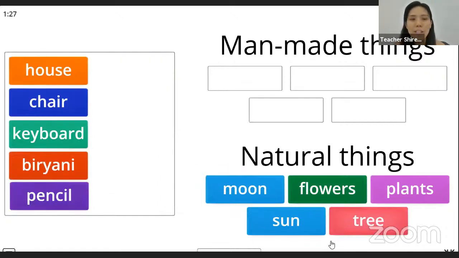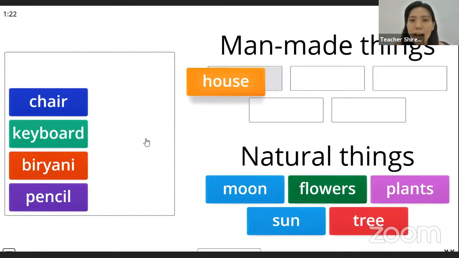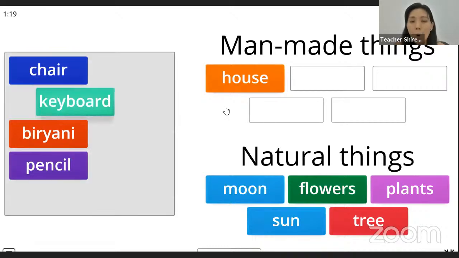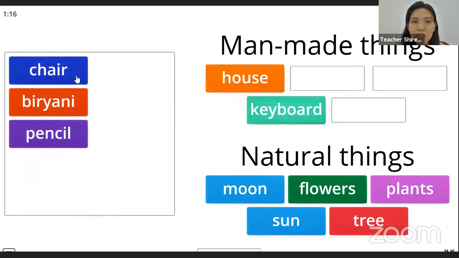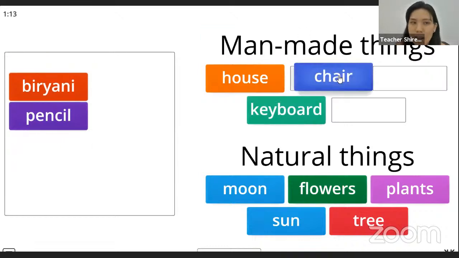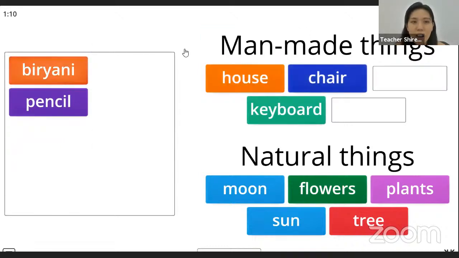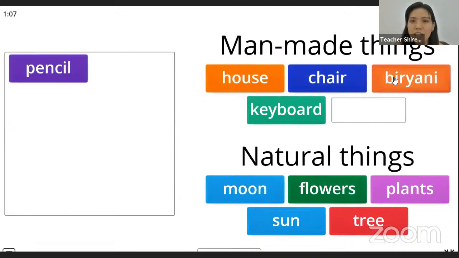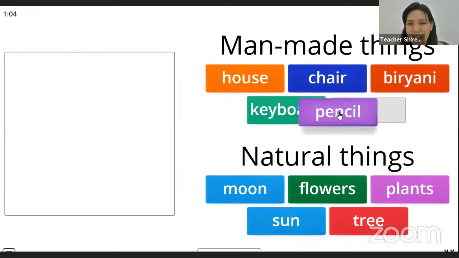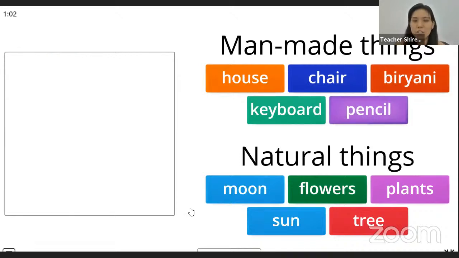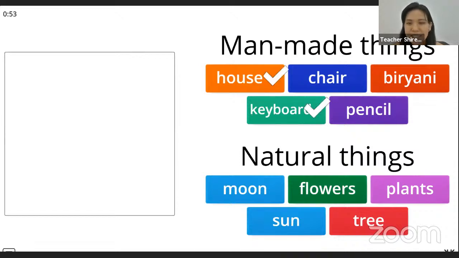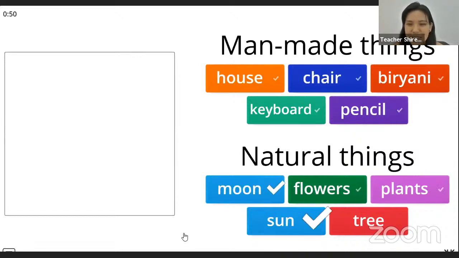You go out, the tree grows up by itself. The construction worker made the house, so it's made by man. The keyboard is made by the electricians. That's right. The carpenter made the chair. The chef cooked the biryani. And it's processed in the factory to make the pencil. Good job.